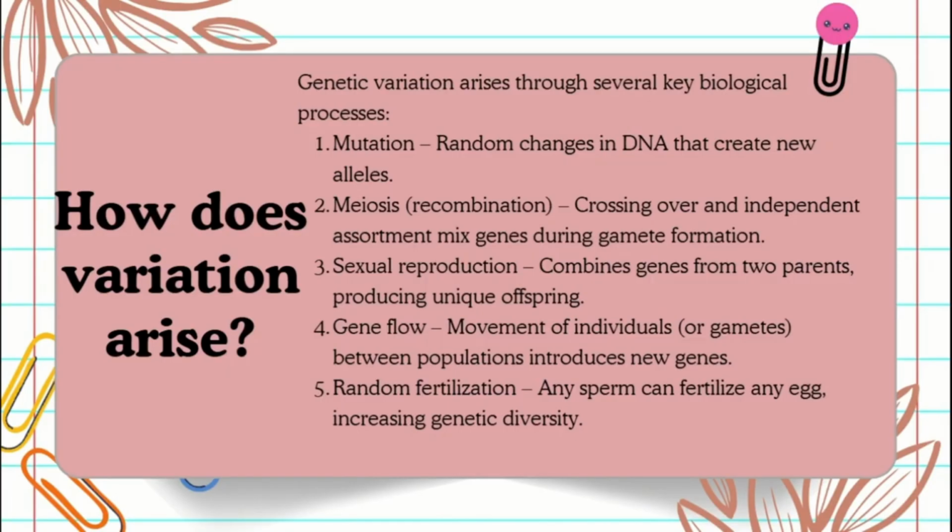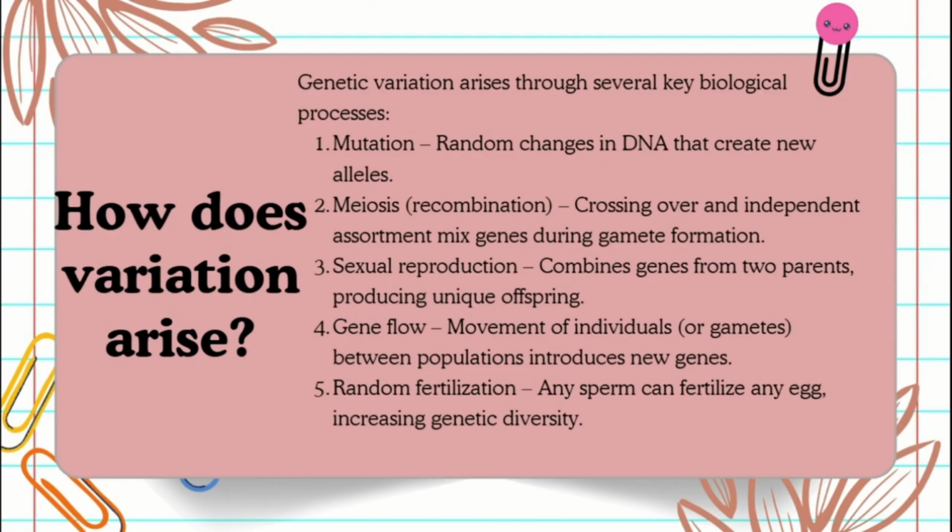One of the nucleotides can be swapped out, and everything stays normal. And then in some cases, it can be swapped out, and then it causes a lot of problems, right? So genetic variation does come from mutation, and we said that those are changes in the DNA sequence, and they can create new alleles.